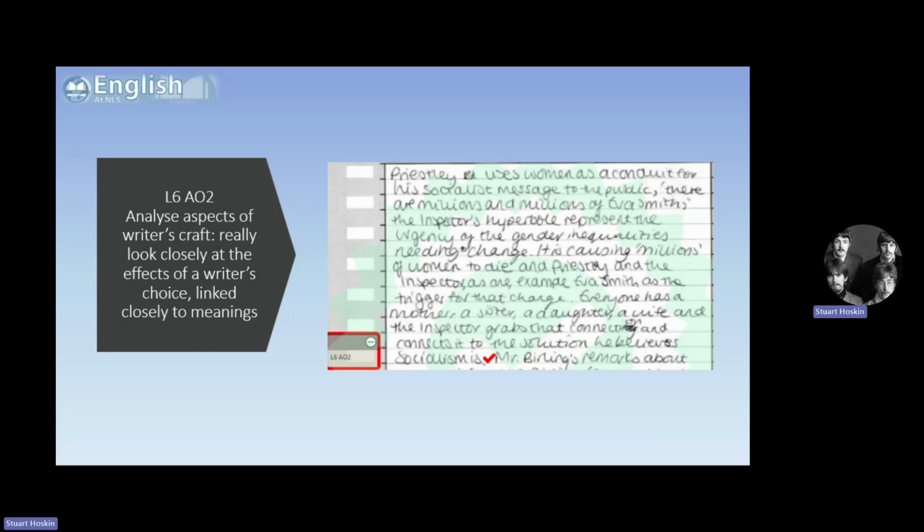There are millions and millions of Eva Smiths. The inspector's hyperbole represent the urgency of the gender inequalities needing to change. He's causing millions of women to die, and Priestley and the inspector use one example, Eva Smith, as the trigger for that change. Everyone has a mother, a sister, a daughter, a wife, and the inspector grabs that connection and connects it to the solution he believes socialism is.